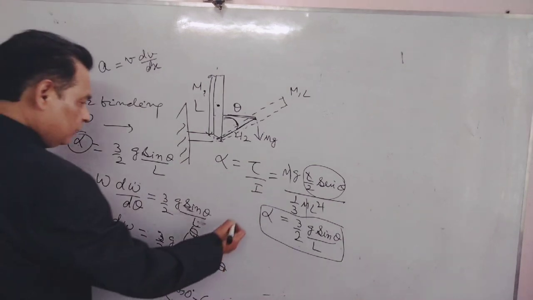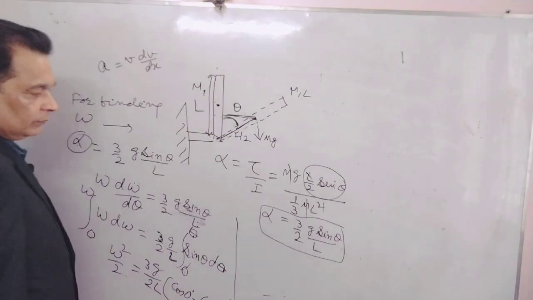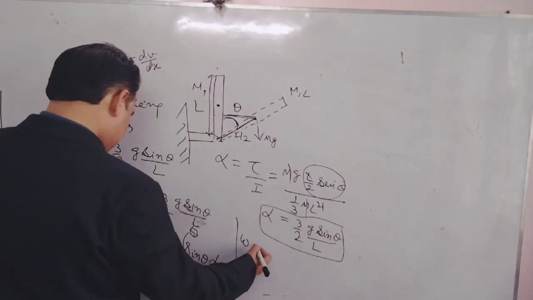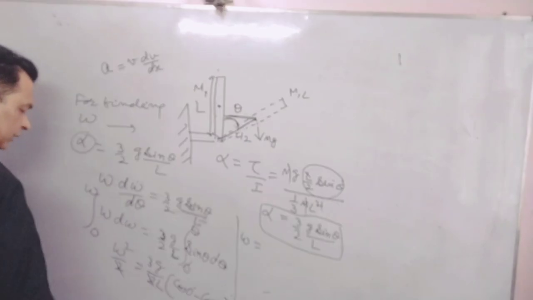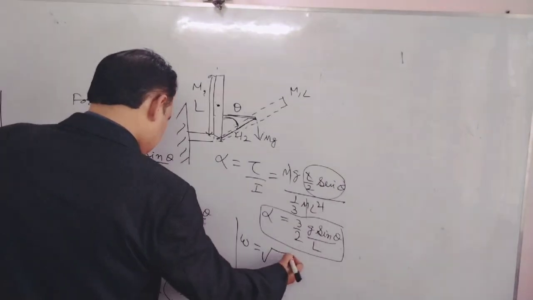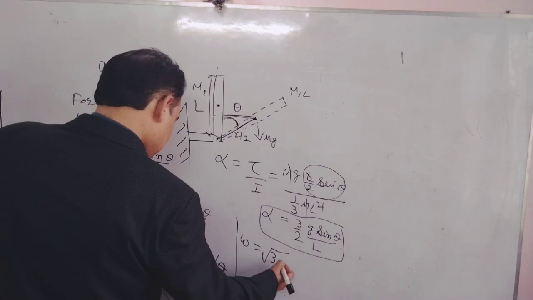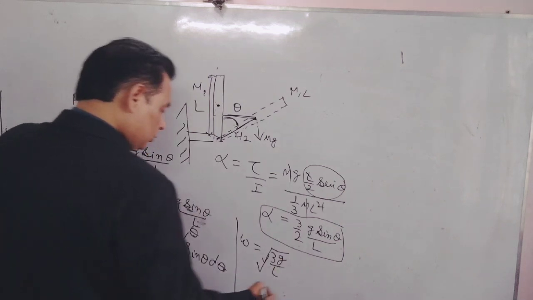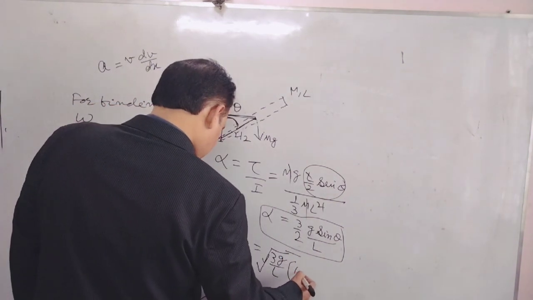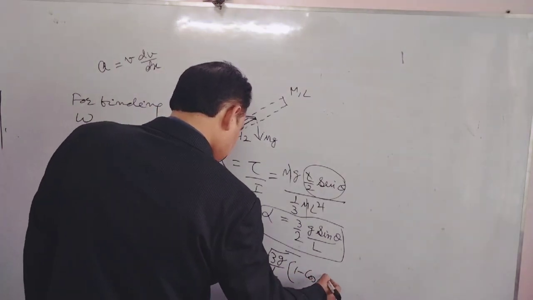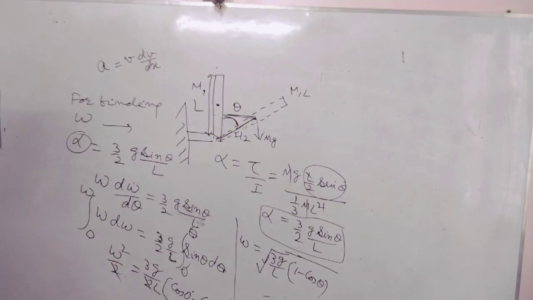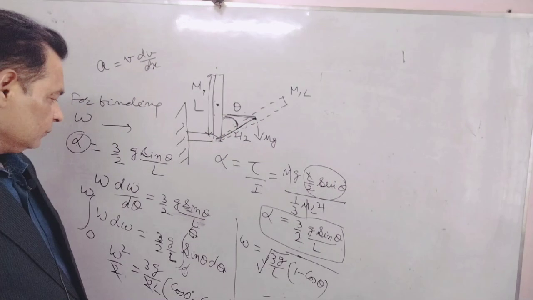The 2s cancel, and omega is root over 3g by L times (1 minus cos theta), since cos 0 is 1. Okay?